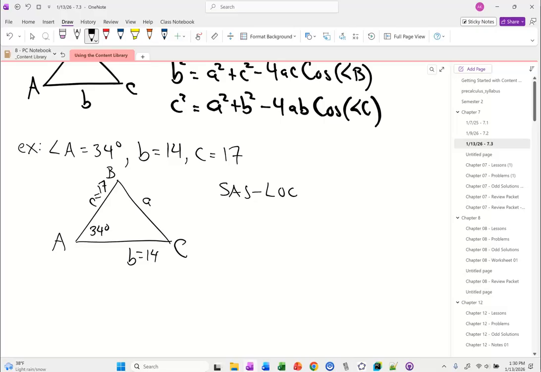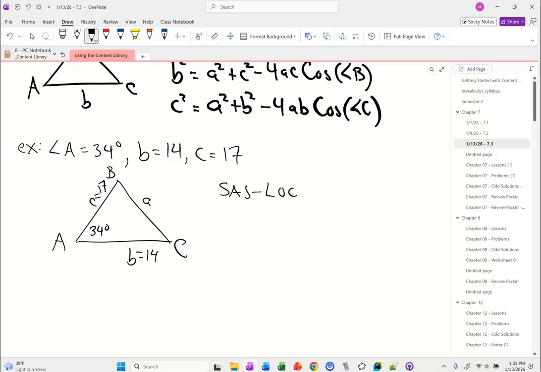Based on the given information that we have, yes, Alex? We're using a lot of cosines because they're contributed into it. Based on the given information, there's only one thing we could possibly find here to start. It's going to be side A, yeah.